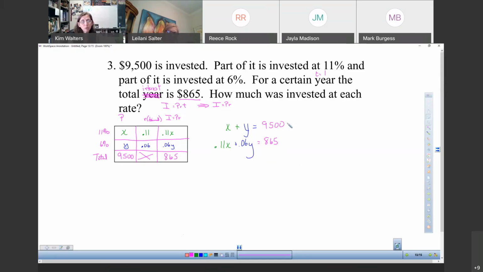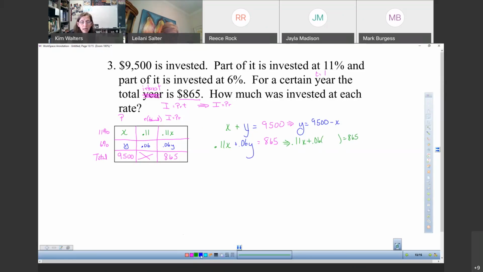So that means I'm going to take this first equation and I'm going to solve it for y. And so I'm going to have y is equal to 9,500 minus x, and I'm going to substitute that into my second equation. So my second equation is going to be 0.11x plus 0.06 times y is equal to 865.